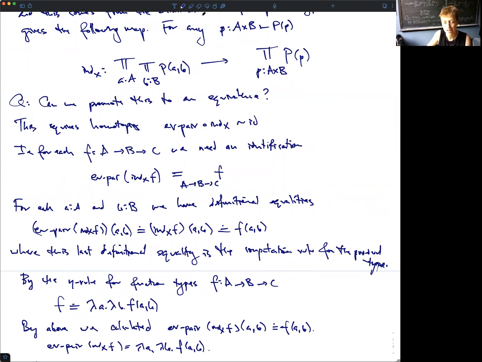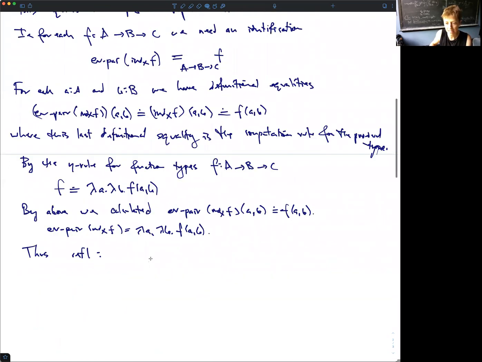We were looking for an identification, a term in this type. And in fact, by all of the computation rules, both for product types and for function types, we have refl in here. And this gives the homotopy that we want.